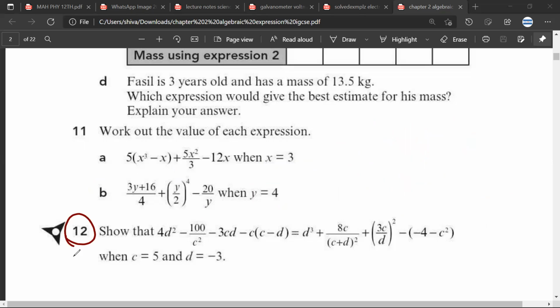Aryaman, were you able to do question number 12? Yes, sir. Okay, how should I do it? So first we'll replace all the C's with 5 and D with minus 3.